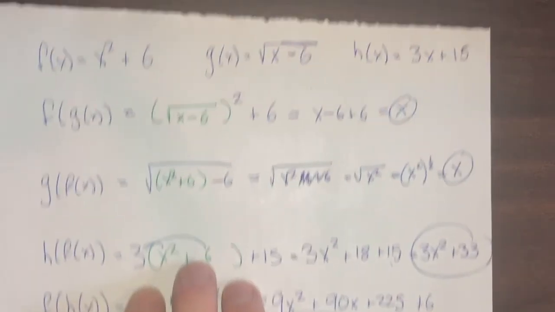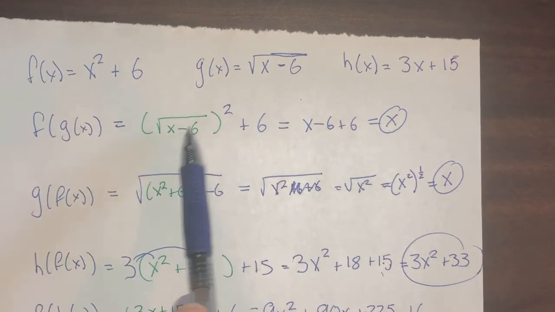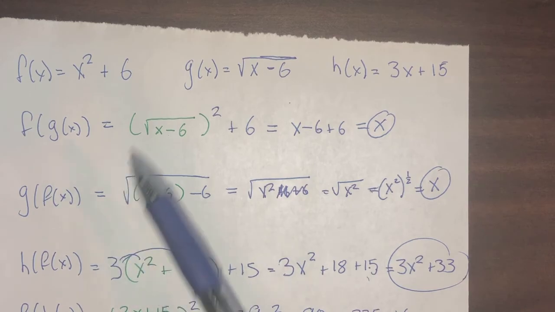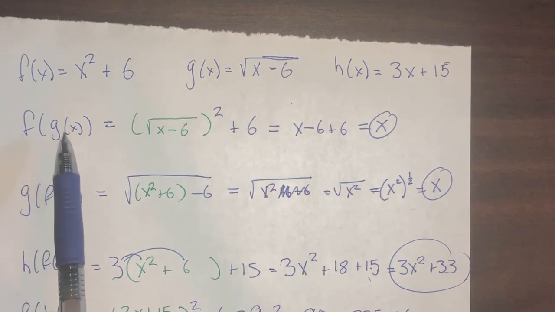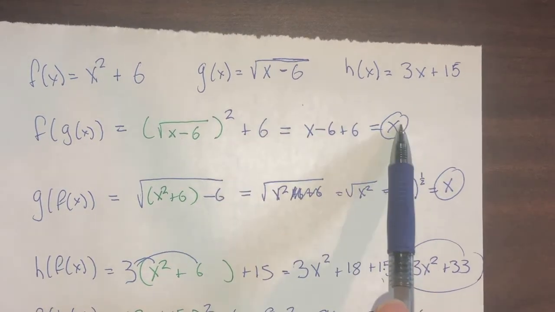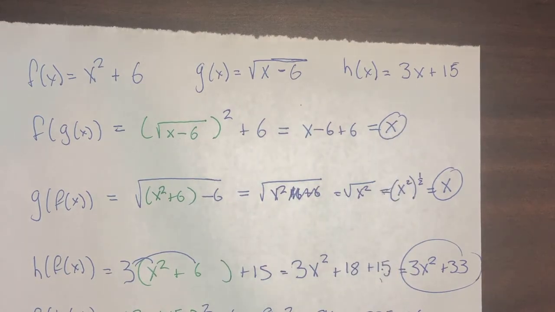If I can plug one function's formula into the other and get x, and the same thing works vice versa, then when I plug a number into one function and then plug the result into the other, I'm back where I started at the original number. And that means those functions are inverses of one another, because the inverse undoes the effect of the original function, okay?